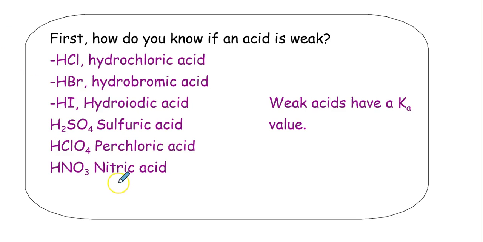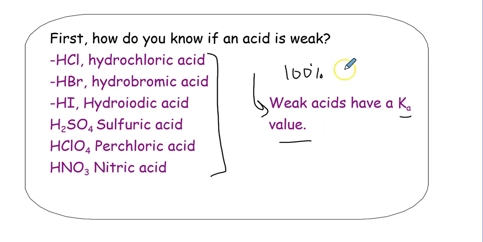Again, which ones are weak? Which ones are strong? Of course, remember these are the 6 strong acids. Also, the weak acids have a Ka value. The strong acids go 100% to product, so they don't need a Ka value. Think about that for a second.